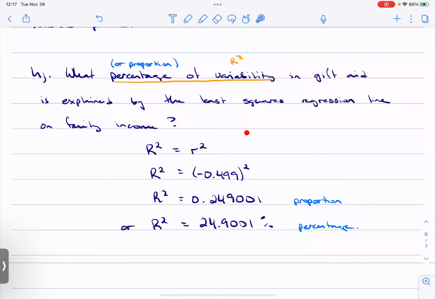What is the correlation? Then it's a little bit more work, because once I take the square root of R squared, I'm still going to have a positive number. So then I need to look at my scatter plot. If I have a negative relationship, I need to add that negative. That's how you would have the correlation. So those are the two ways that these things can go.